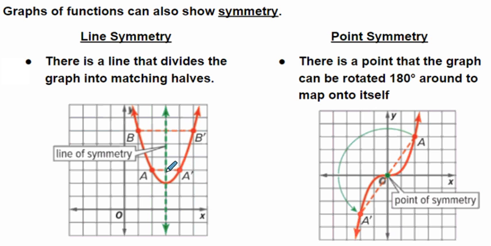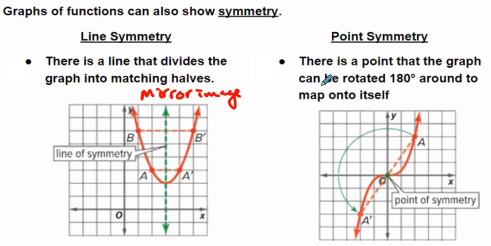It's 1 unit away here, 1 unit away there. It's 2 units away here, 2 units away there. And it's going to basically give you a mirror image. That's probably the best real world way to think of what line symmetry looks like, okay?